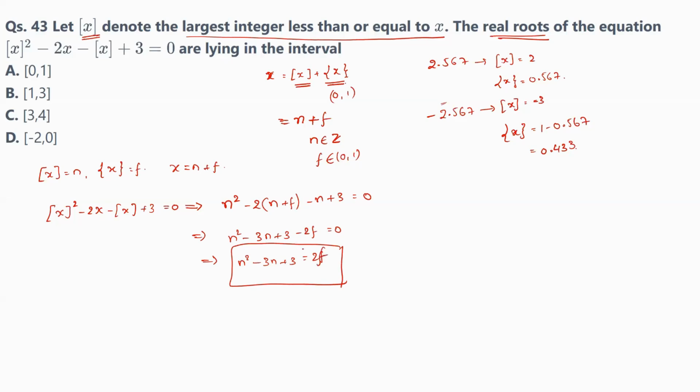See this: this side is a quadratic expression with n as an integer. Since n is an integer, this must be an integer. That means 2f must also be an integer.